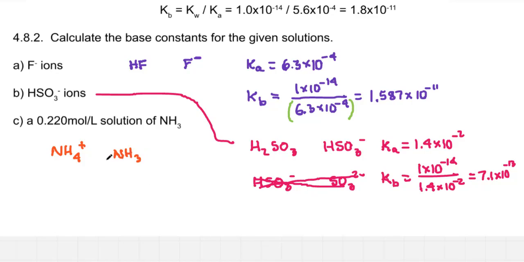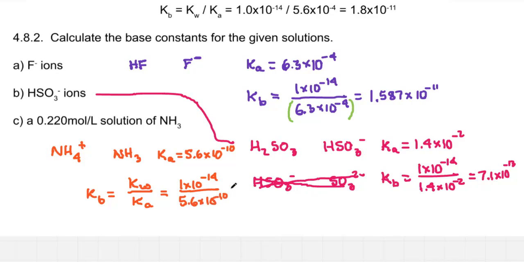So the acid constant for ammonium is 5.6 times 10 to the minus 10. And our base constant is the ion product for water, or the autoionization constant for water, the dissociation constant for water. That thing has too many names. 1 times 10 to the minus 14 divided by 5.6 times 10 to the minus 10.